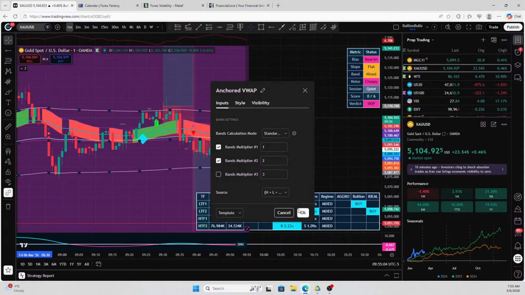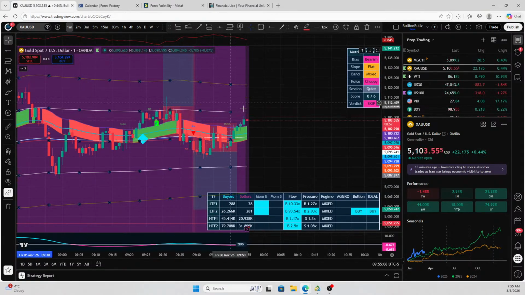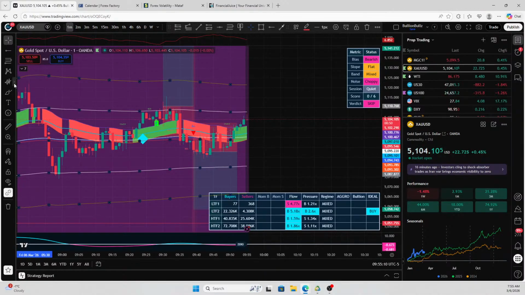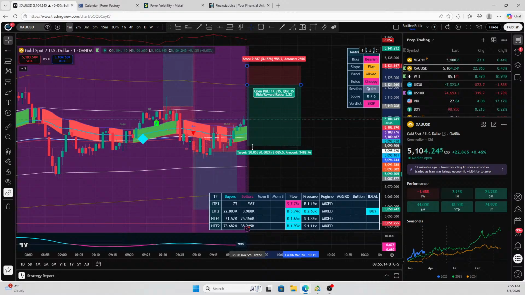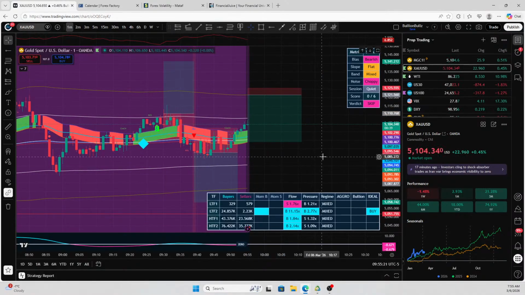I just want to turn on the band 2 as well. So this is where we want to short the market back to the VWAP. So on such a day, we want to short it all the way back to the anchored VWAP from here. Let's go.